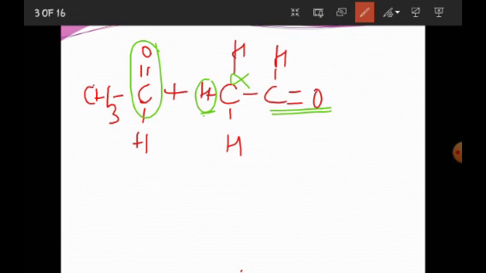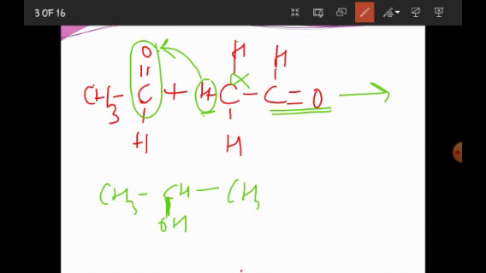Now what you will do is, this H will come here and form the product. Simply write the product CH3 CH, OH, this is a single bond now, then the remaining CH2 and CHO.